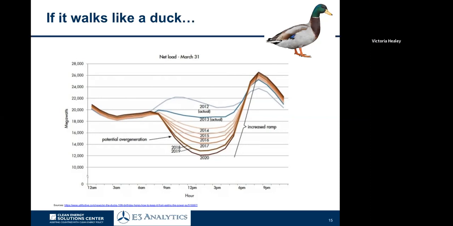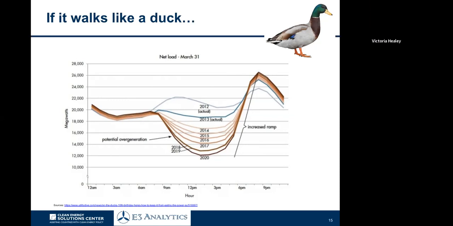And you can see here that the daytime net load that needs to be met by other generators in the network reduces from somewhere around 22,000 megawatts of capacity in 2012 down to 12,000 megawatts in 2020. So a very significant decrease in effective net post-solar load to be met in the system.